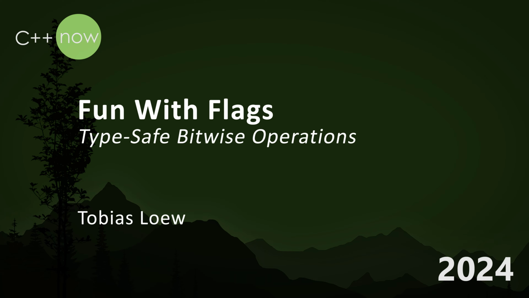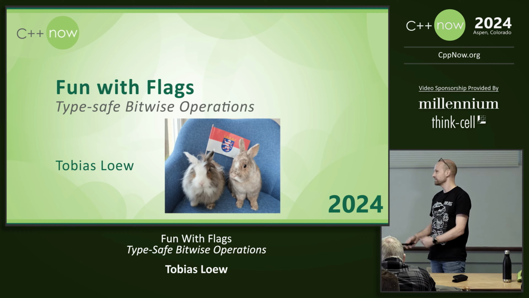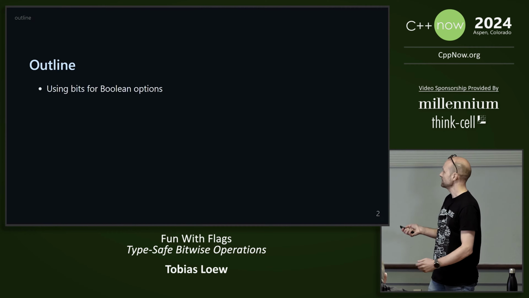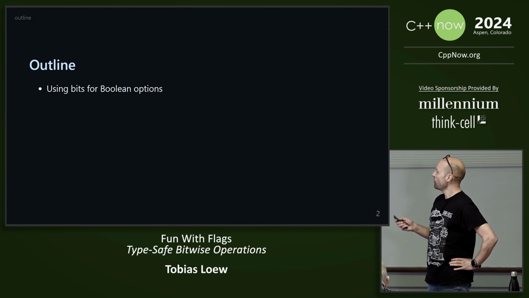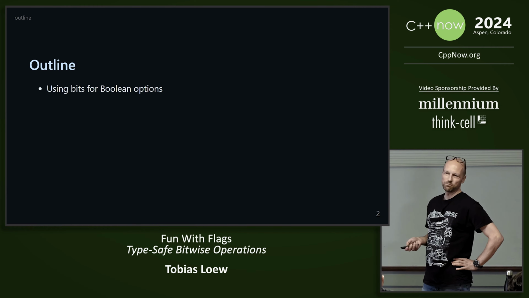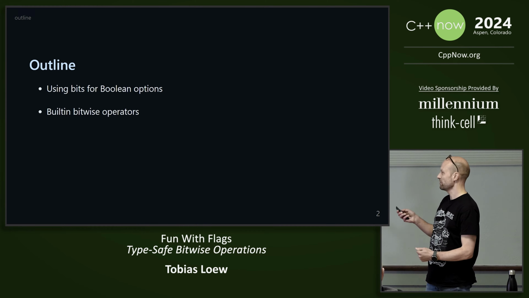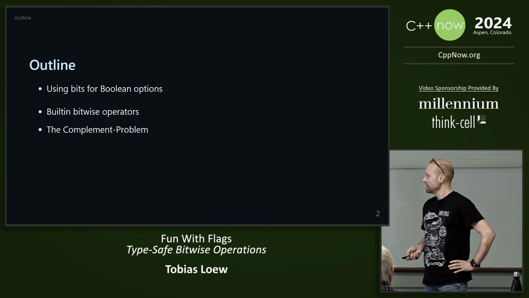I want to talk about type-safe bitwise operations, or how to make bitwise operators type-safe. First we want to see why we are using bits for Boolean options. Then we will have a look at the built-in bitwise operators.